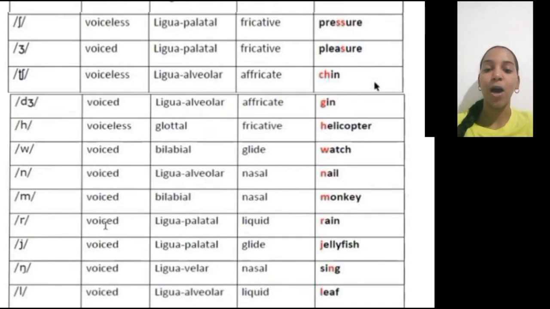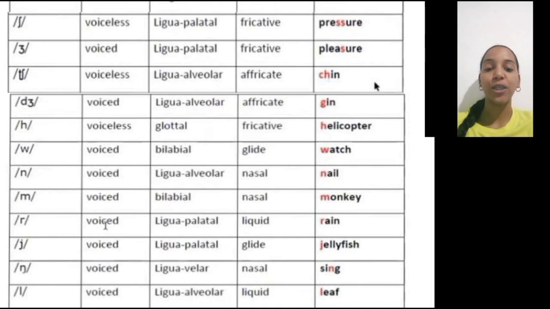Then we have the phoneme w, which is voiced, bilabial, a glide because the articulators come together, and an example is watch. Then we have the phoneme n, which is voiced, alveolar, nasal.